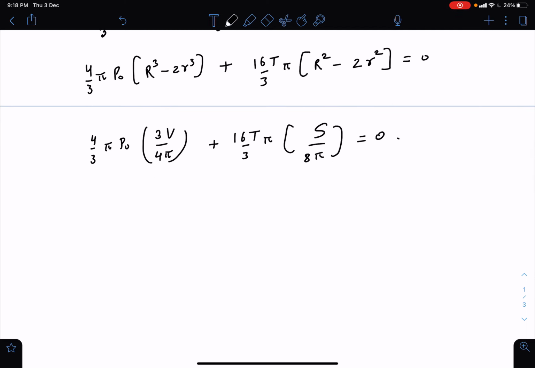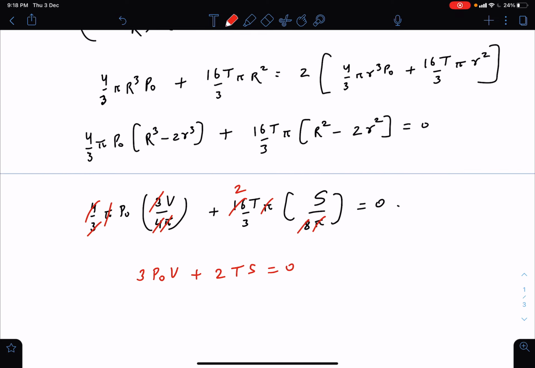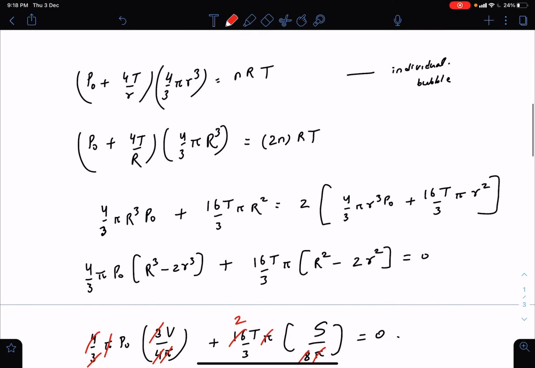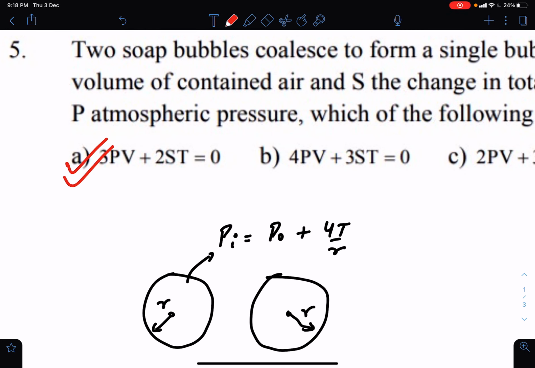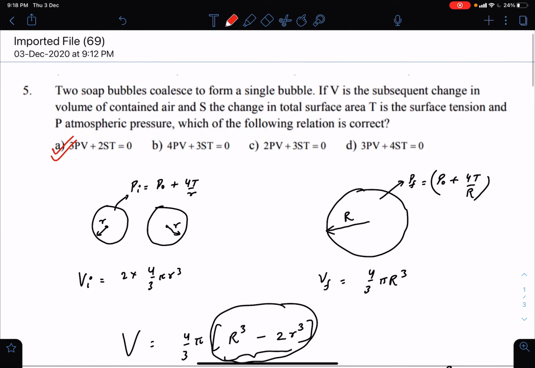So from here many things will get cancelled out, as you know, like pi 4 4 3 3, and here on the other hand we have got pi, and this is like 2. So this is what I'm able to get. Hopefully I have not committed any mistake. So if I have not committed any mistake, then 3 P naught V plus 2 T S is equal to 0. So this is what we are getting. So like check for errors.